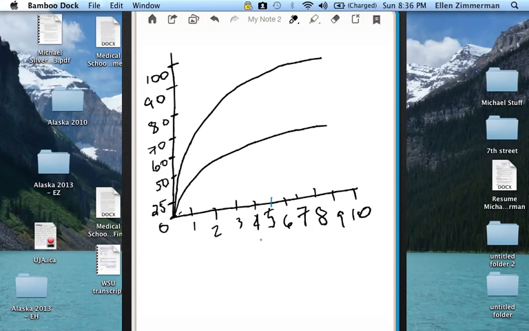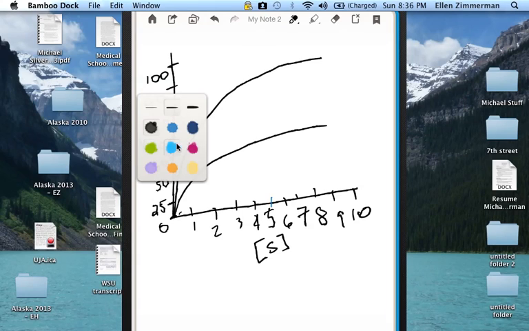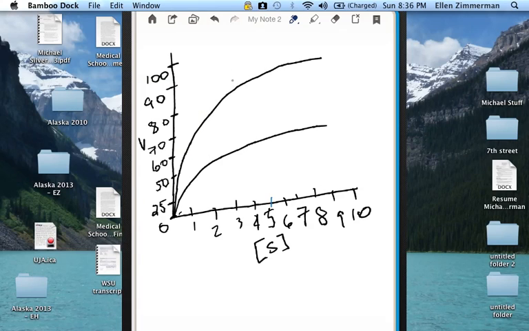Remember, the x-axis is the substrate concentration and this is the velocity. Now we'll say this one is enzyme A, and this is enzyme B.